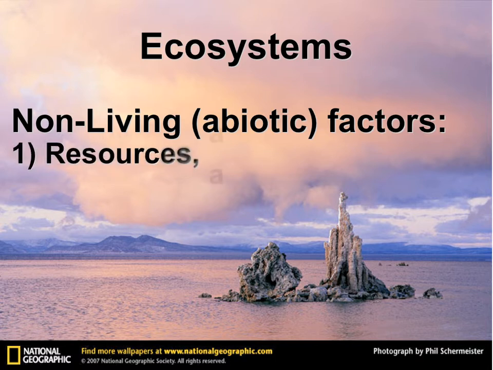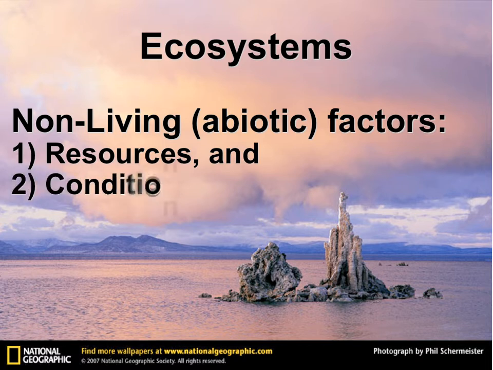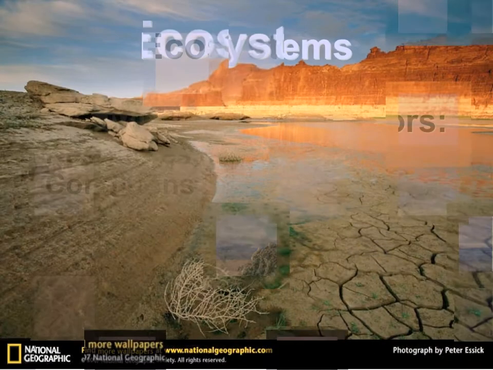They are resources and the conditions we find in that specific place. There are physical resources, the materials, the ground, the water, but then there are other conditions, like the weather, that impact the ecosystem. So we'll talk about the resources and the conditions.